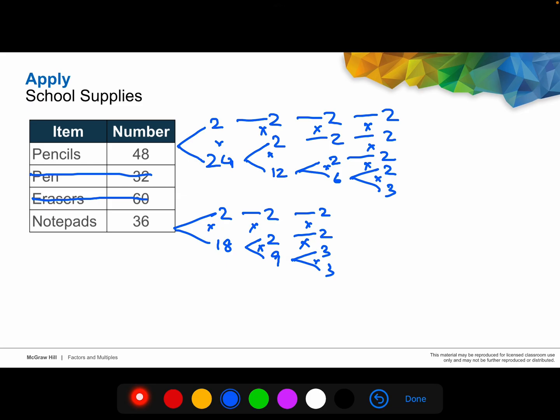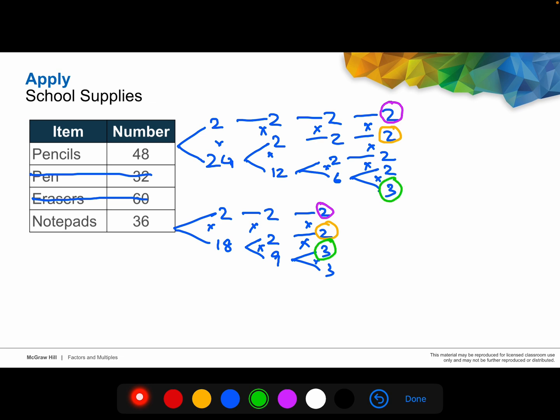Right? So now that I have my prime factors, I'm going to look at what the common factors are, and I'm going to circle the common factors between the two. So I can say this 2 and this 2 is a common factor. This 2 and this 2 is a common factor. Now I cannot go any further on the 2's because there are no more factors of 2 for 36. So next I'm going to look at 3's. Let's say I have this 3 and this 3.